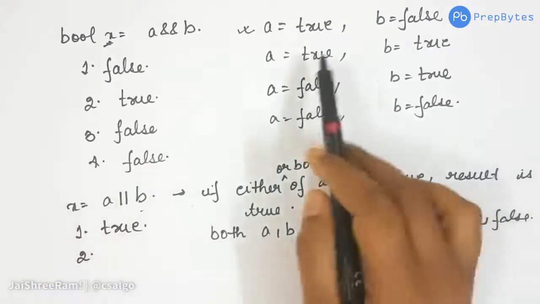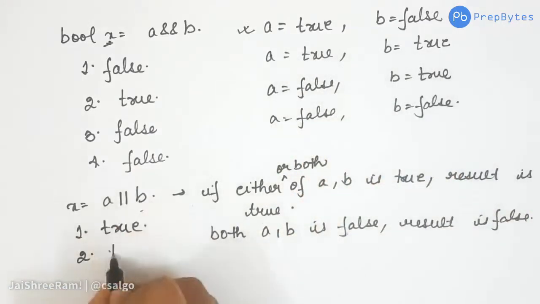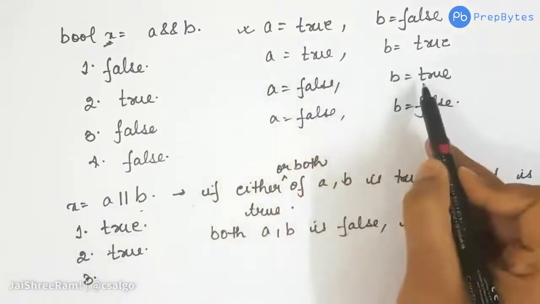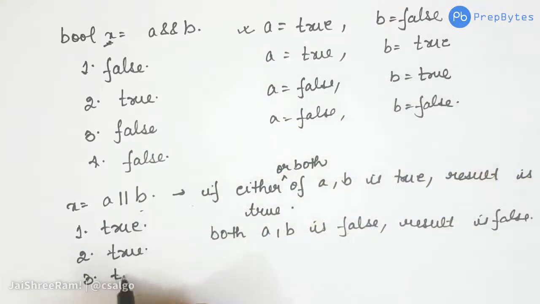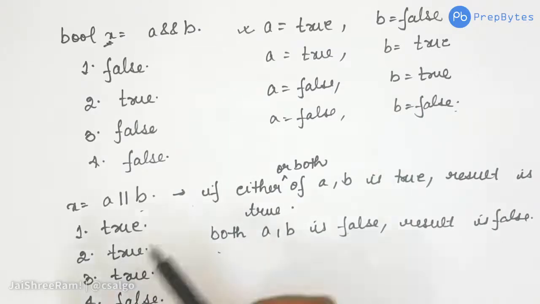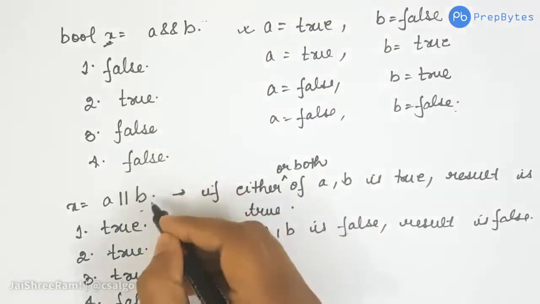In the second case both are true, my value will be true. In the third case A is false but B is true, so my value is true. In the fourth case both are false, so the result is false. So this was about A and B and A or B.